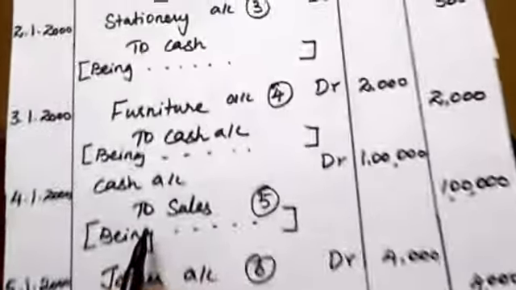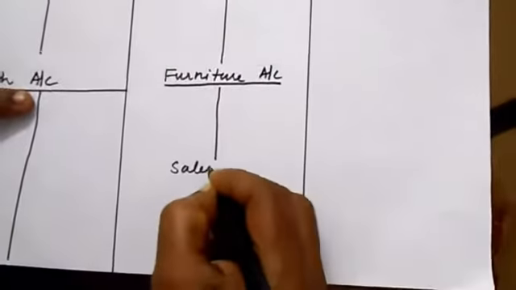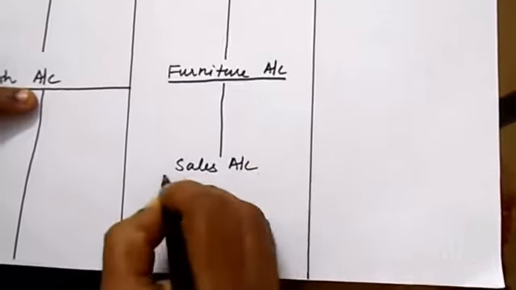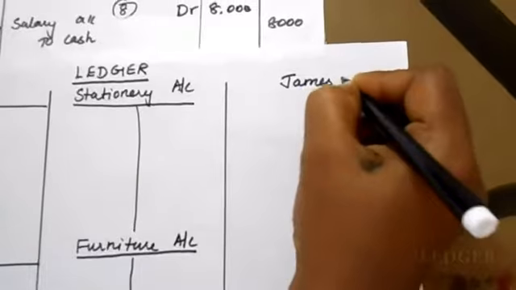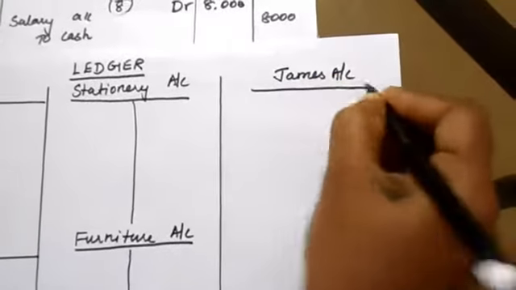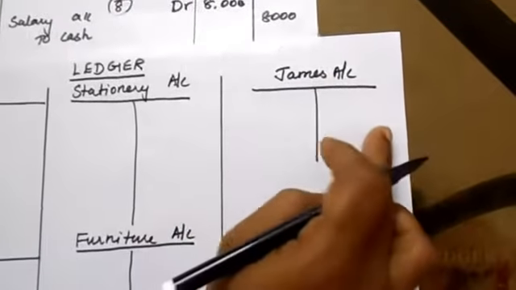Next one, sales account. Debit side, credit side. Next one, James. Debit side, credit side.